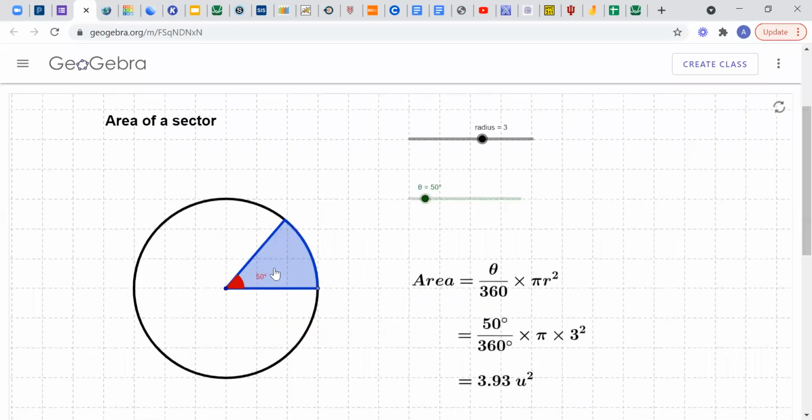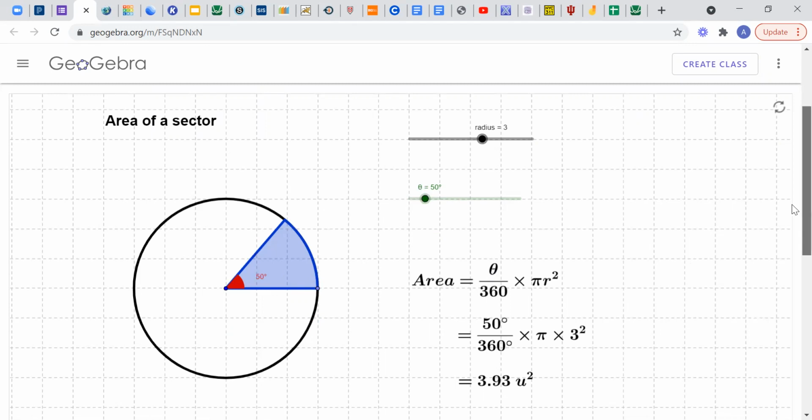As you can see, the blue part of the circle here is the sector, okay? And we want to find the area. R here measures 3, and the angle around the sector is 50. So the area is pi r squared over, instead of x in our notes, they use theta over 360, okay?